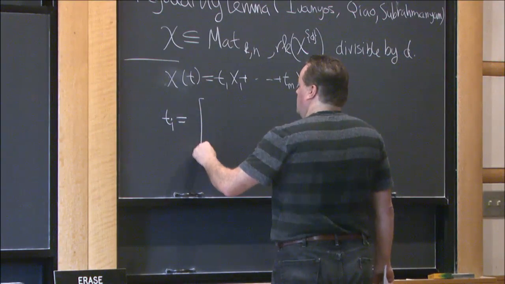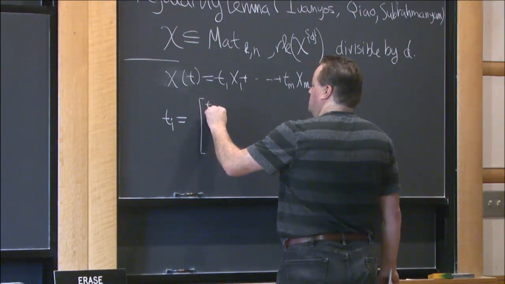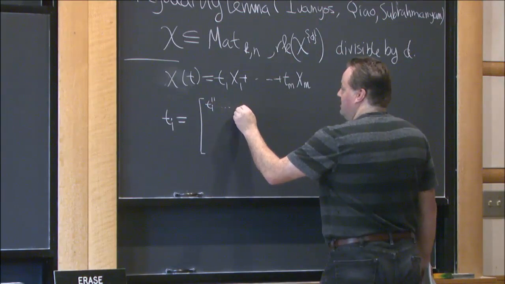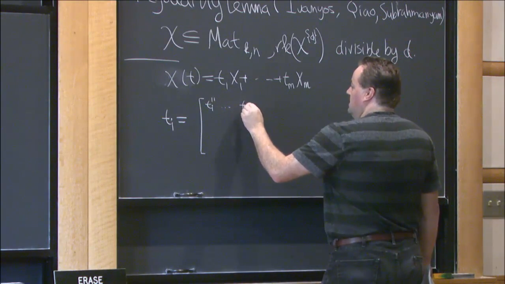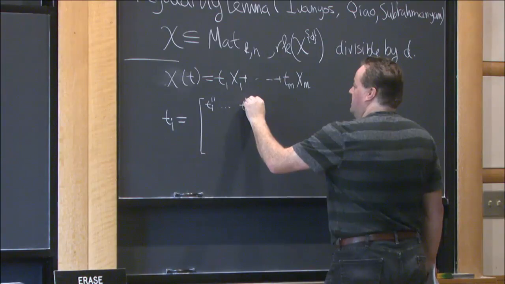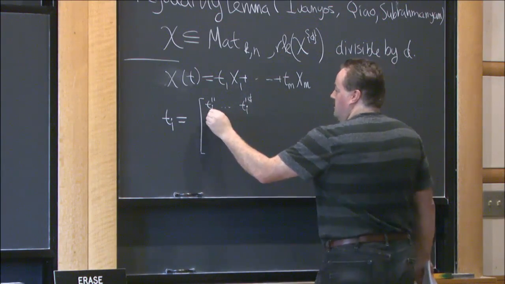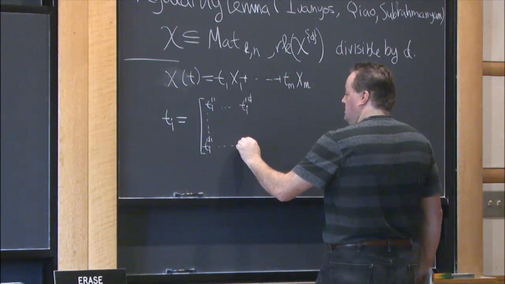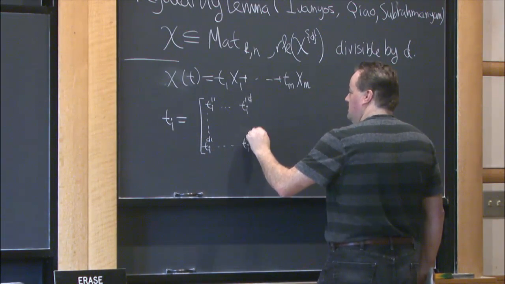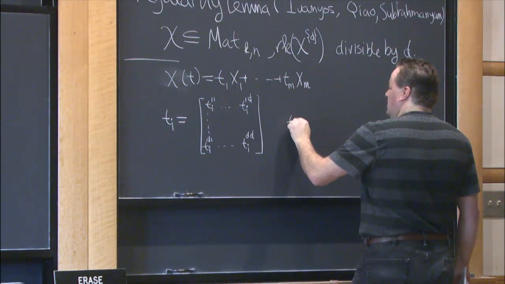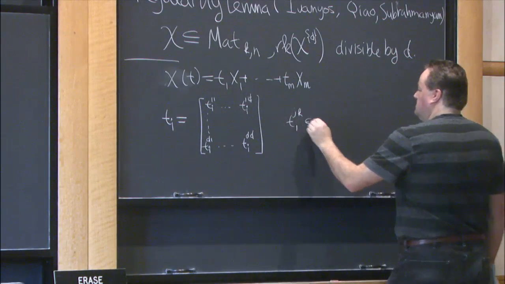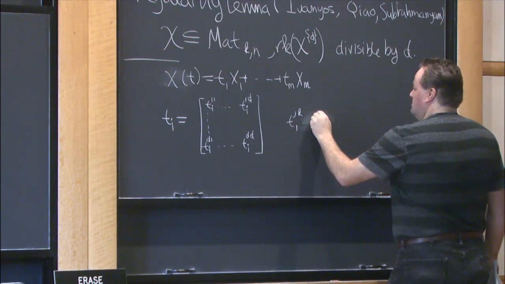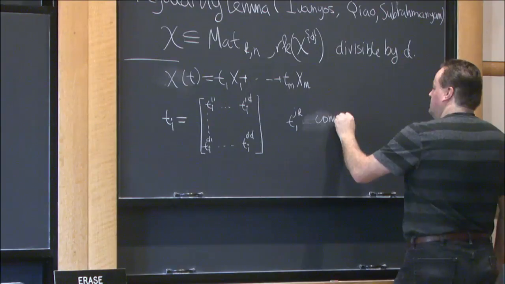So I'm going to use variables, with upper indices because I'm running out of space: Ti^{11}, up to Ti^{1d}, all the way up to Ti^{d1}, up to Ti^{dd}. These Ti^{jk} are just variables, commutative variables.